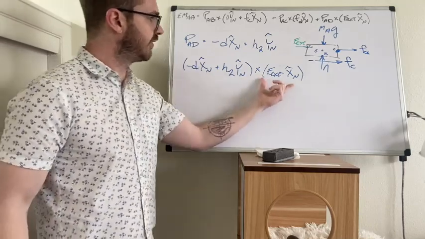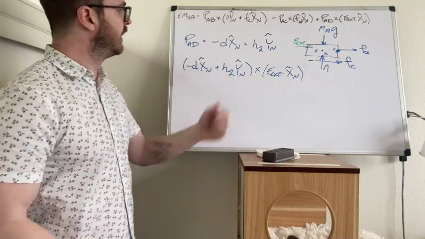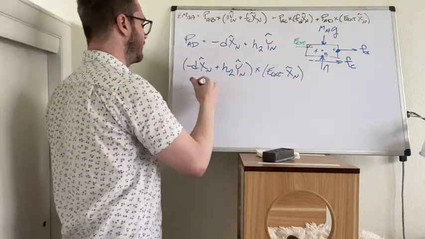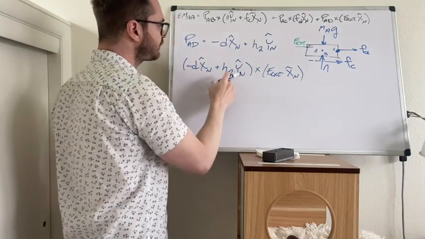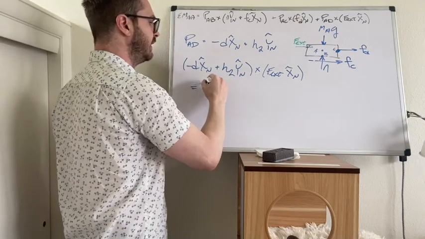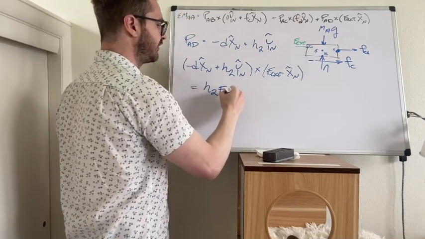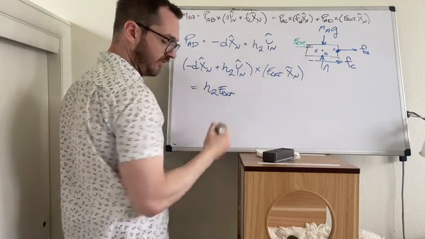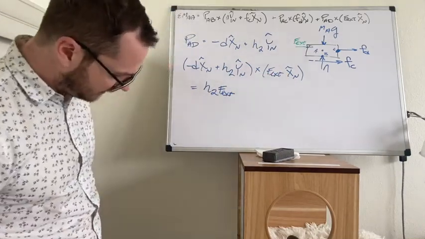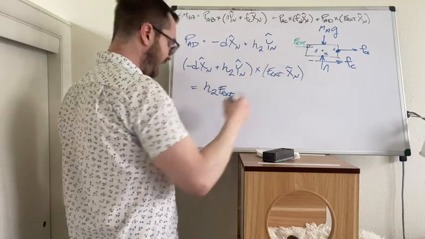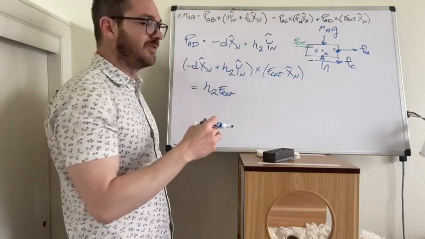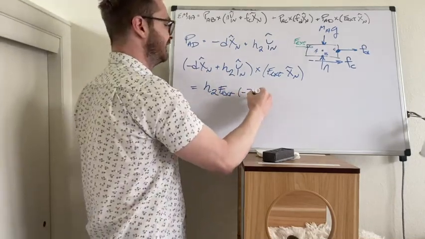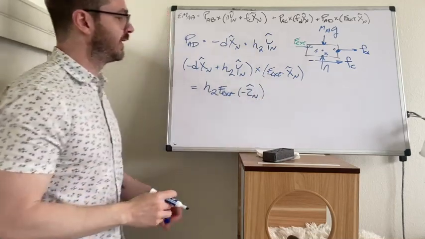You're going to end up with x hat n cross x hat n, 0. We're going to end up with this term right here. It's y cross x. And so here's the scalars, h2 times this external force, and then y cross x is negative z, right? Negative z.